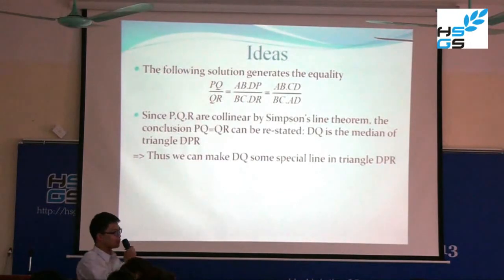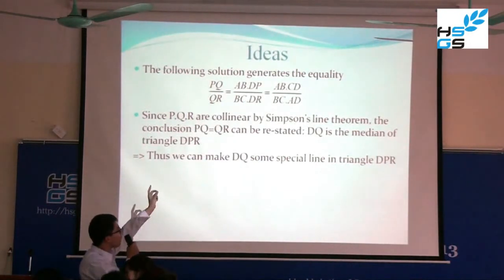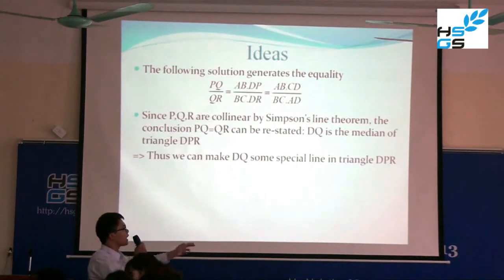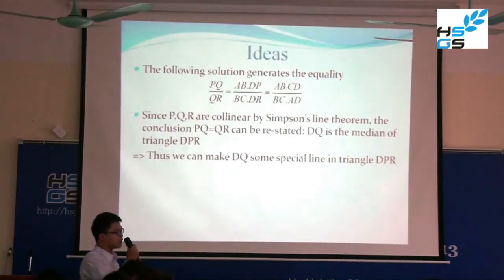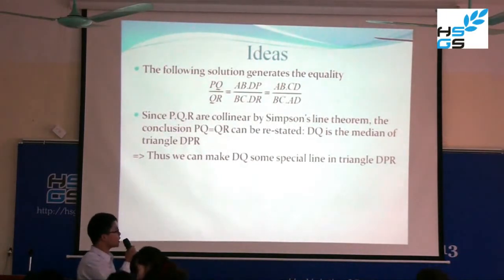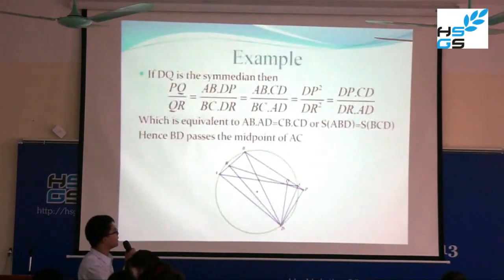And hence, since P, Q, R are collinear by the Simson line theorem, the conclusion PQ is equal to QR can be restated: DQ is the median of triangle DPR, and thus we can make DQ a symmedian line in triangle DPR.